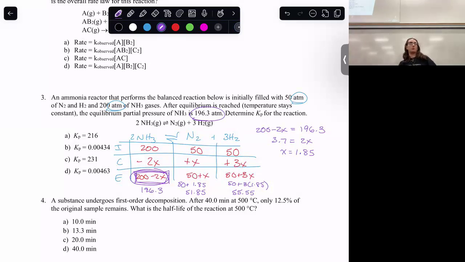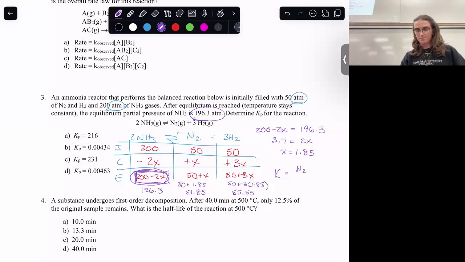So how do we solve for Kp after that? Yeah, we can just plug it into our equilibrium constant. So if we were to write that out generally, what goes on top? Products, and what are those?